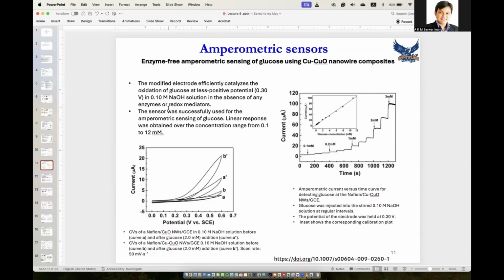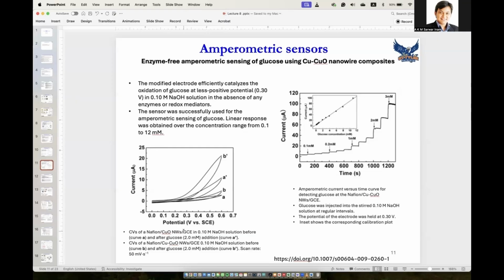So here is the electrocatalytic activity of this Nafion copper oxide nanowire GCE, that is the glassy carbon electrode. There are different kinds of electrodes. At first I showed you the screen printing process of different kinds of electrodes, but this is the commercial one, called the glassy carbon electrode. You can easily buy it, and then you can modify the working area of that one.